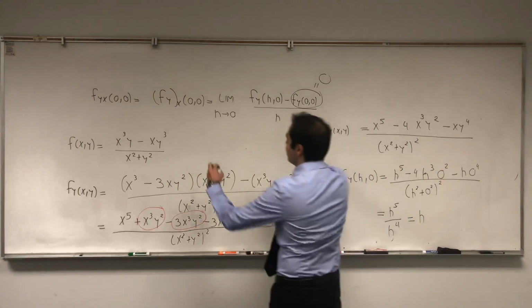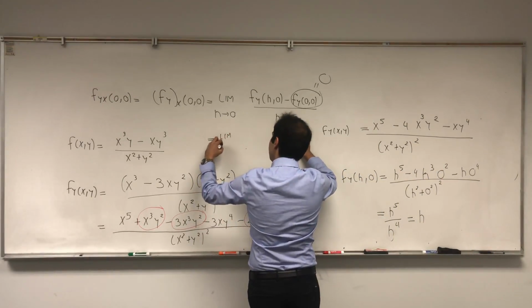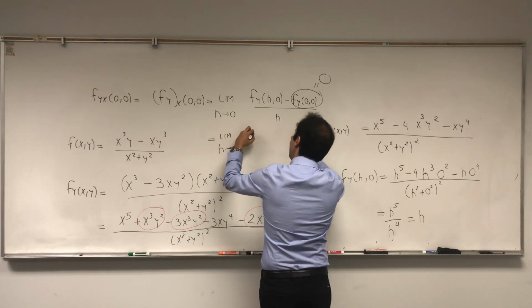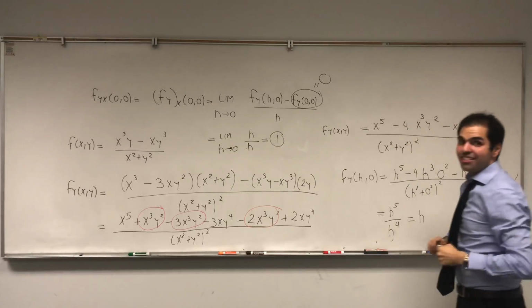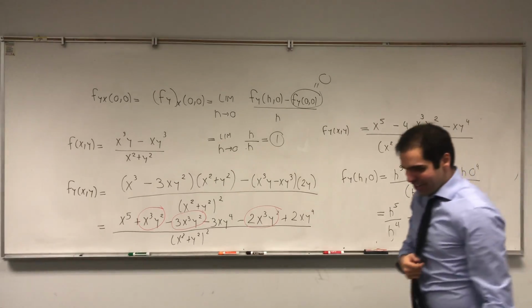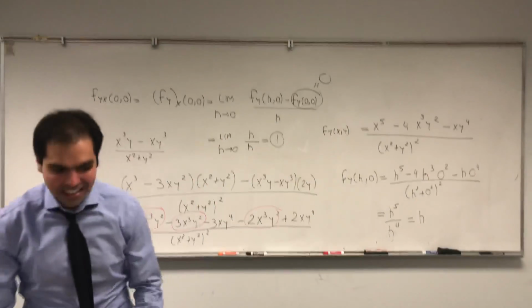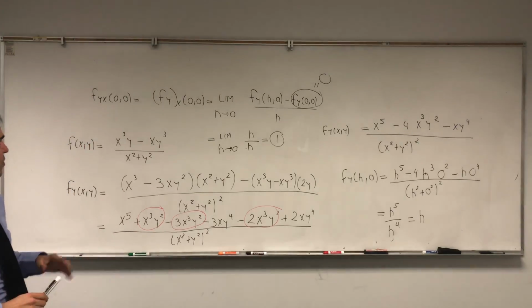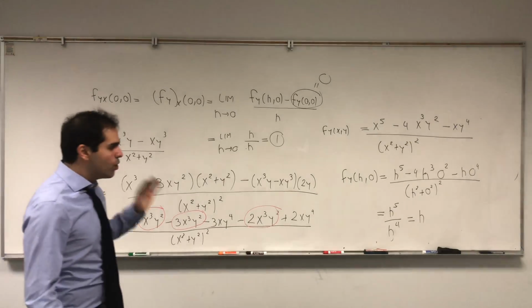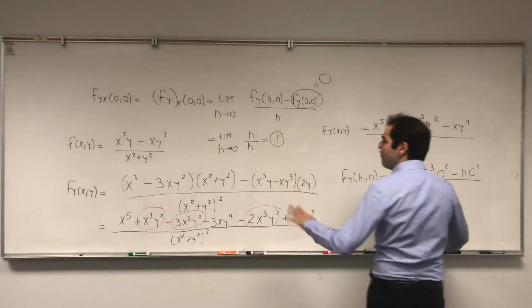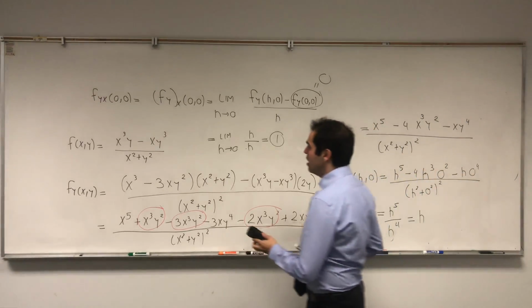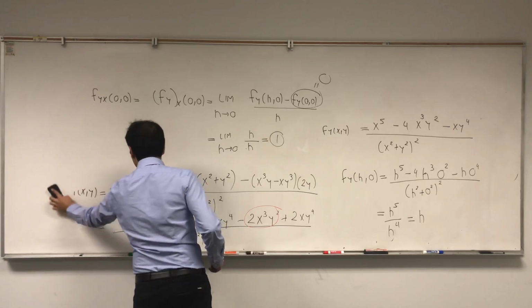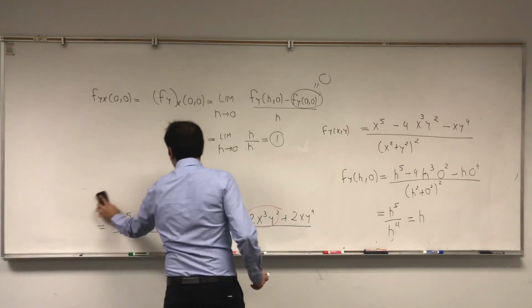So in other words, this limit becomes the limit as h goes to 0 of h over h, and that's 1. Da-da-dum! So yes, unfortunately, this function is pathological enough, because we have shown that f_xy at (0, 0) is minus 1, but f_yx is 1.